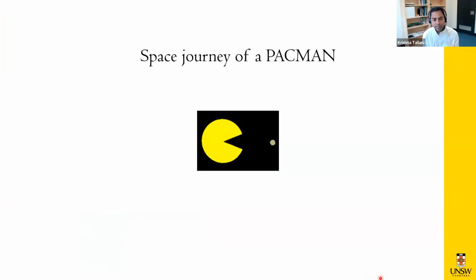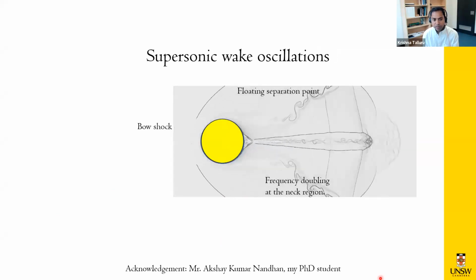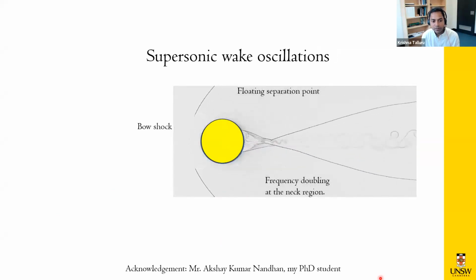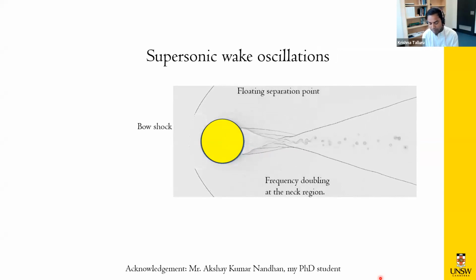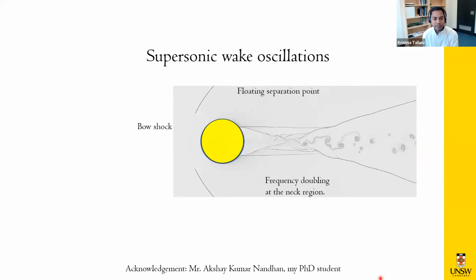So such a geometry is changing in time. How do we understand the wake behind such an object? Eventually we would like to be able to predict what these oscillations are in real time and be able to actuate or introduce some active control to stabilize the vehicle.